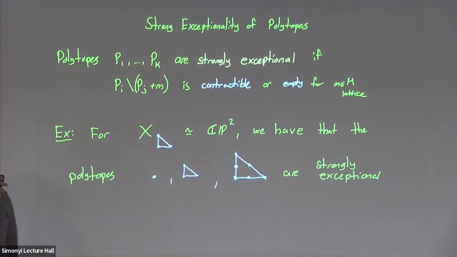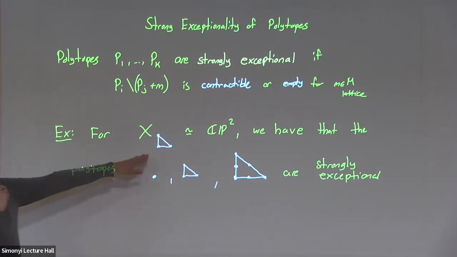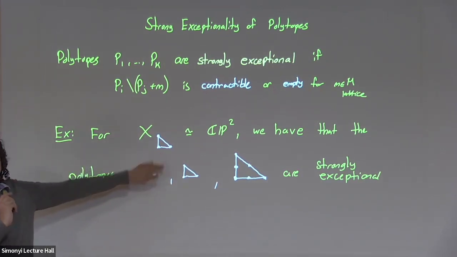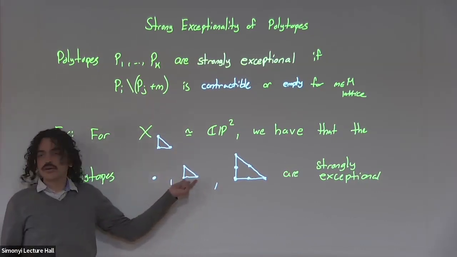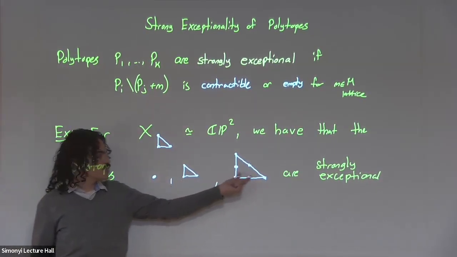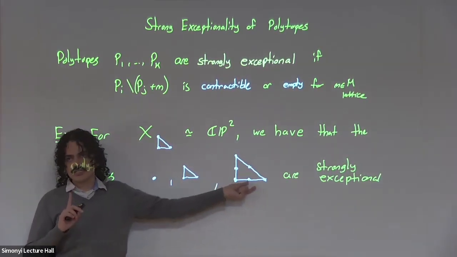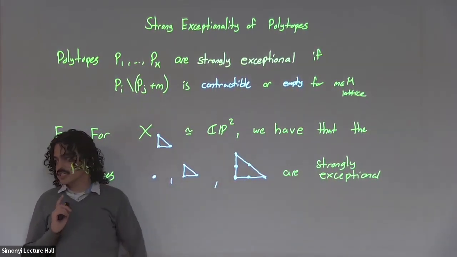So let's think about an example. If we think about the toric variety associated to this polytope, and by this I mean the fan of this polytope, then this is the toric variety CP2. And for that variety, we can immediately see from the polytopic perspective that these polytopes are strongly exceptional. You can take, for instance, this triangle here and do any lattice translation, and no matter how you do the lattice translation, that will be contractible.